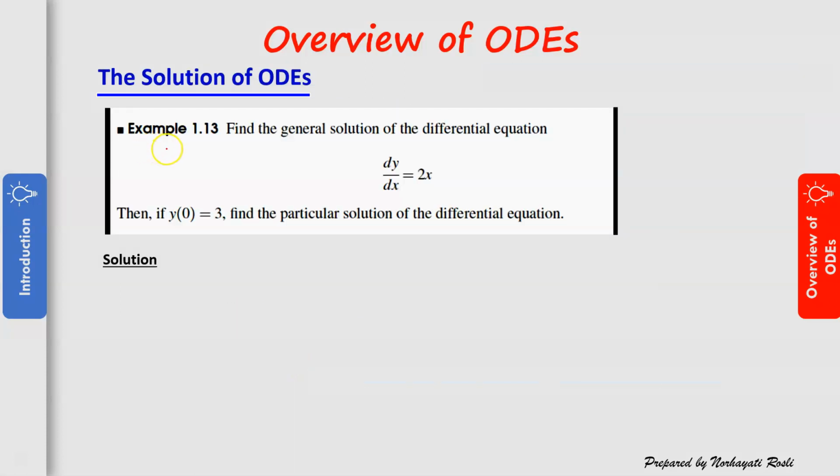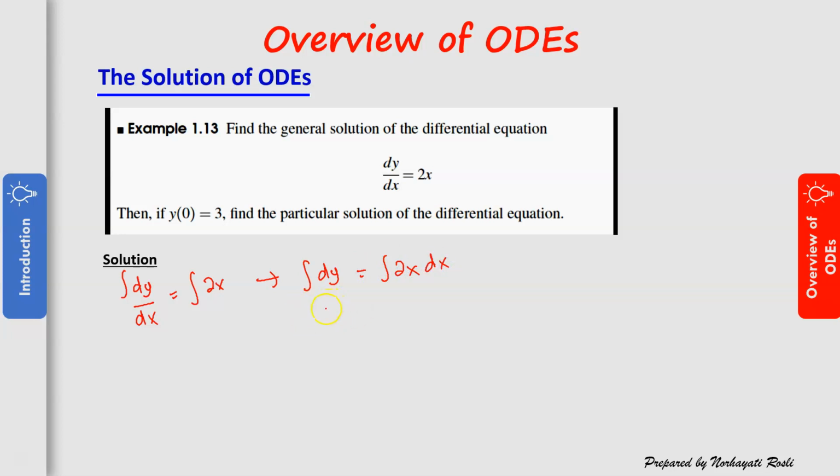Now class, we go to this example. You need to find the general solution of the following differential equation. Remember, general solution means that the solution is in the form of having an arbitrary constant. So how to solve this? To find the general solution, we need to integrate both sides. Integral of dy/dx equal to integral of 2x, which means you can write integral of dy equal to integral of 2x dx.